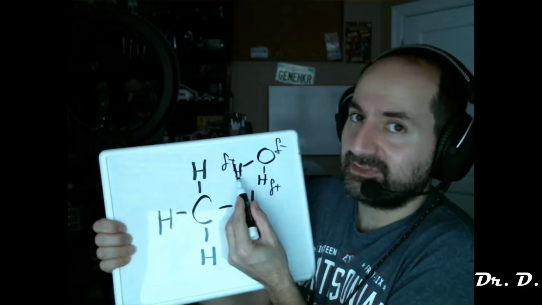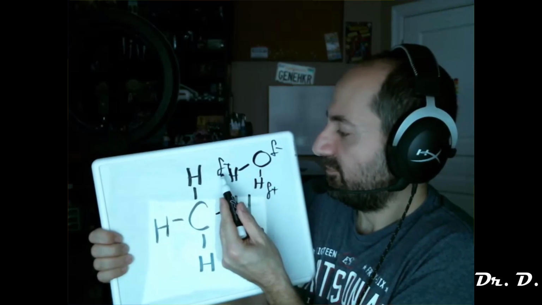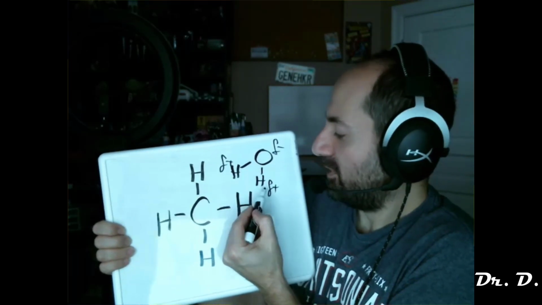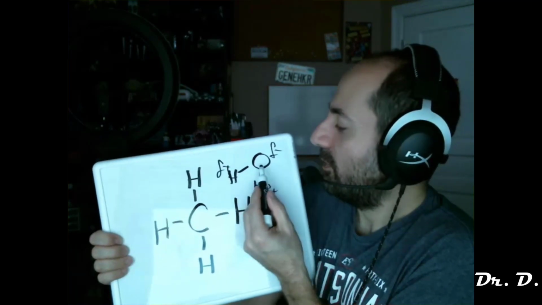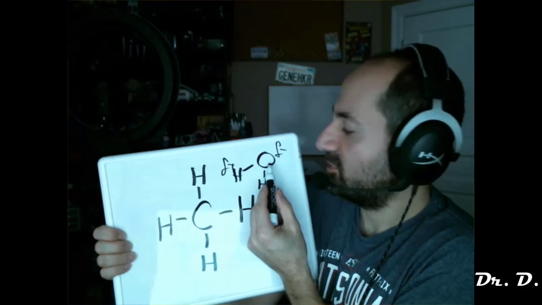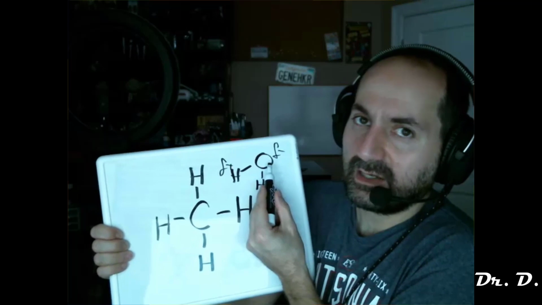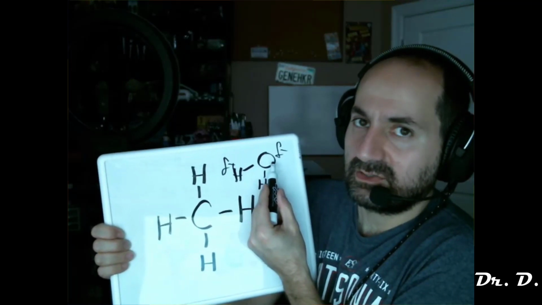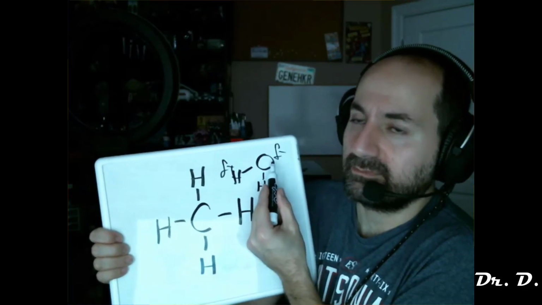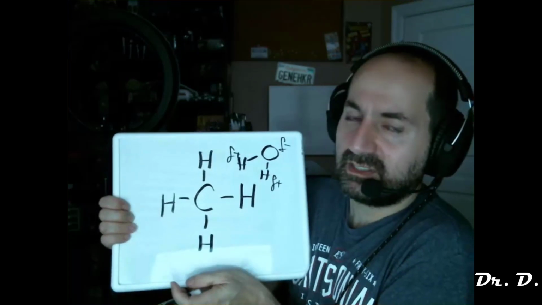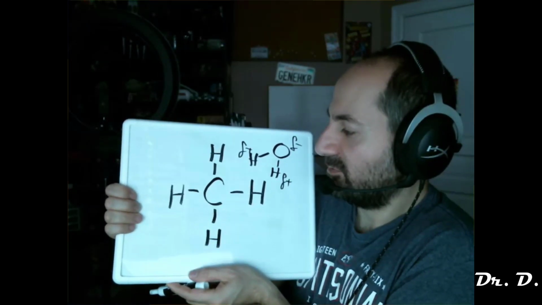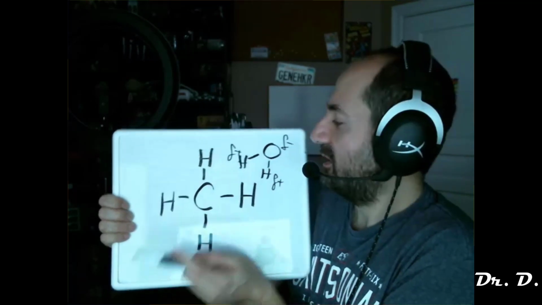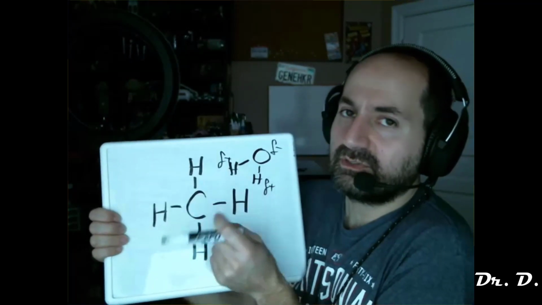Water only knows how to stick to you if you have a negative charge, because the partially positive hydrogens can stick to a negative charge, or if you have a positive charge, because the slightly negative oxygen would like to stick to anything with a positive charge of some sort. Does methane have a charge to it at all? No, methane has no charges of any kind. So water doesn't know what to do with methane, right?